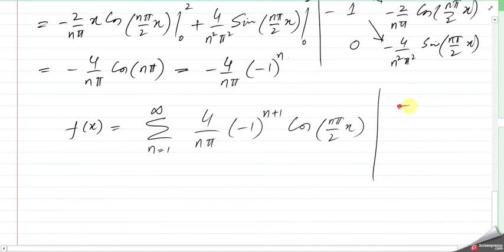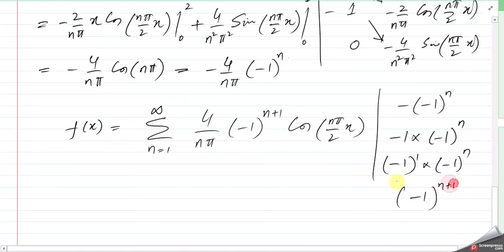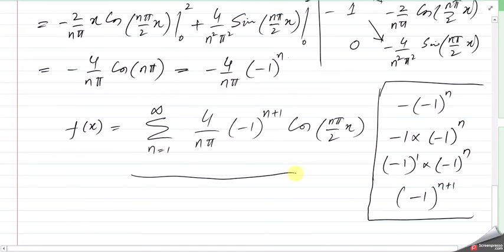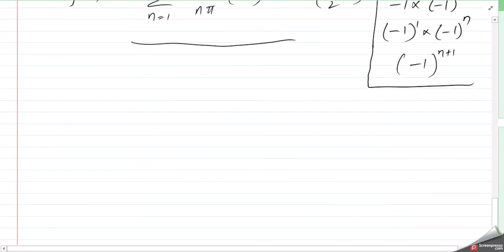Here I have used minus into minus 1 power n, can be written as minus 1 into this, which means minus 1 power 1 times minus 1 power n, and can be written as minus 1 power n plus 1. Okay, so that's what I've used here. This minus goes into the power of minus 1 power n and makes it minus 1 power n plus 1. And that completes our question.